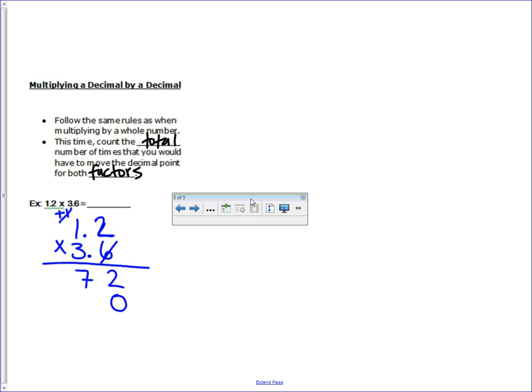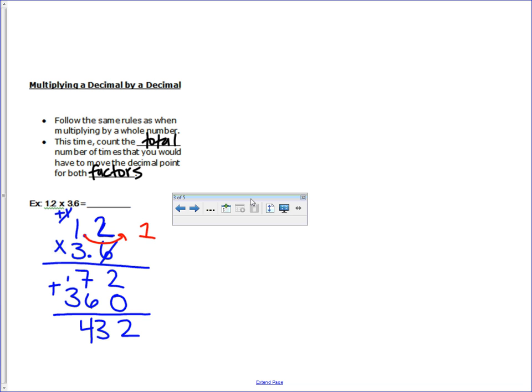I'm going to add a 0 in the ones place. 3 times 2 is 6. 3 times 1 is 3. I'm going to go ahead and add. 2. 7 plus 6 is 13. Carry the 1. 3, 4. 432. Now I go back to my decimals. I'm going to count the total number of times that I would have to move my decimal in my factors. So in order to make 1.2 into a whole number, I'm moving it one time.